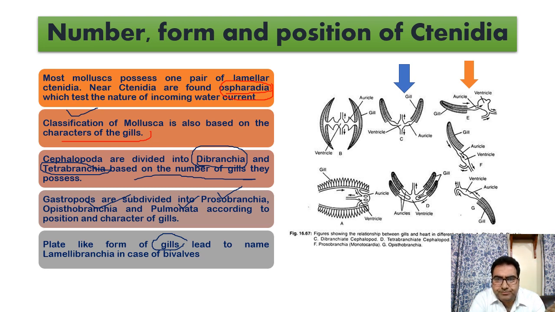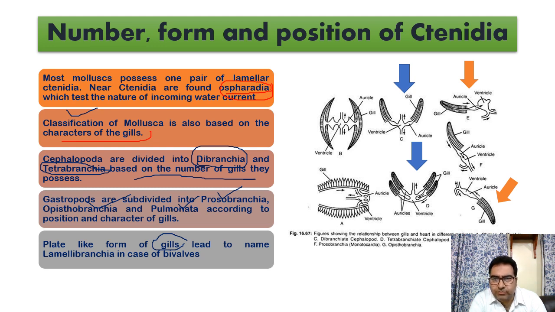In the primitive gastropods, either two bipectinate gills are found, as in Haliotis, or a single bipectinate gill, as in Patella.